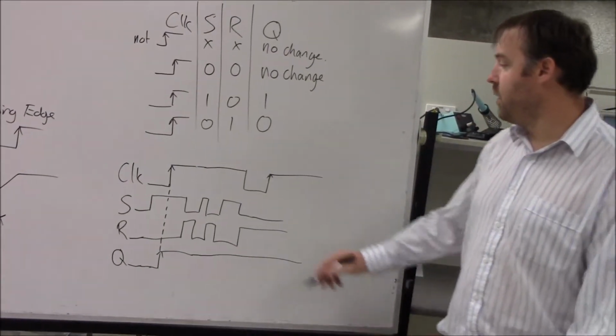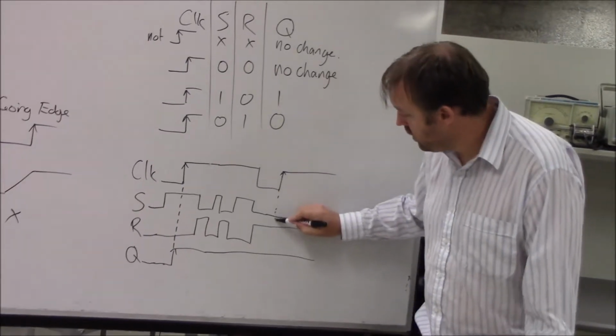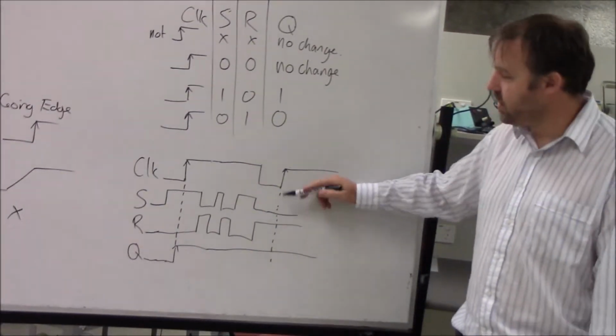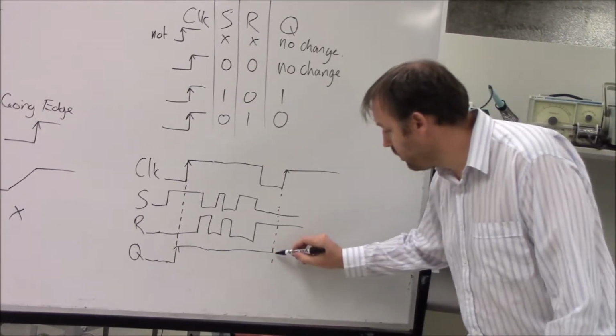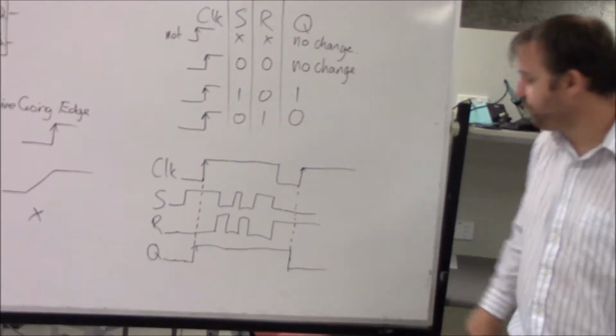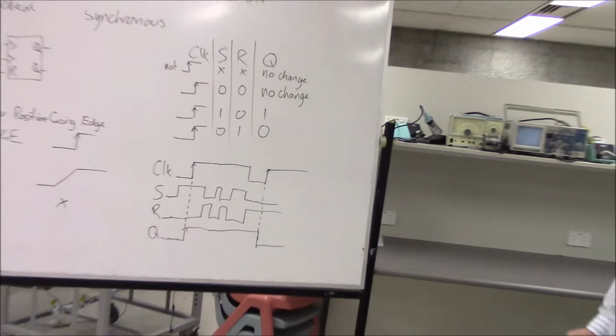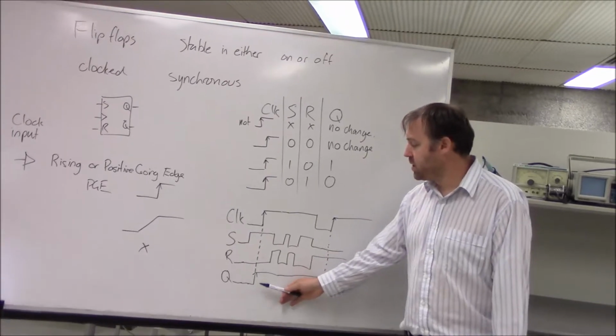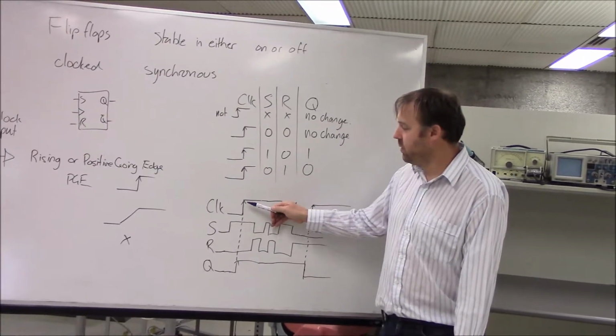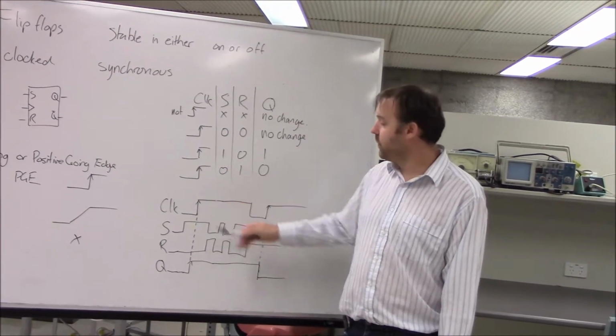Okay, so now on the rising clock edge, it's going to look at set and reset, and it sees that set is low and reset is high, so the output is going to change from high to low. The important thing to hear is that the output doesn't change until the rising edge of the clock here.